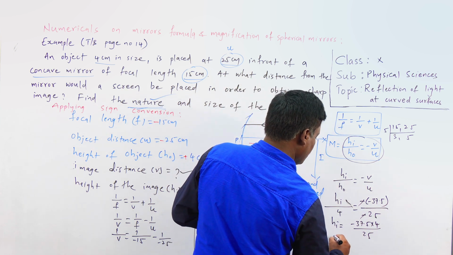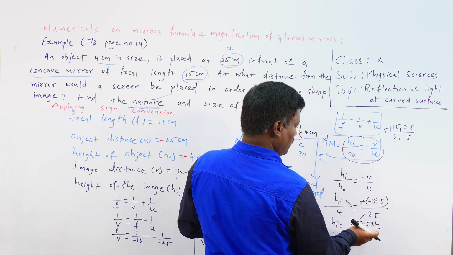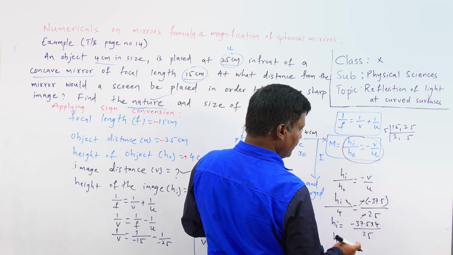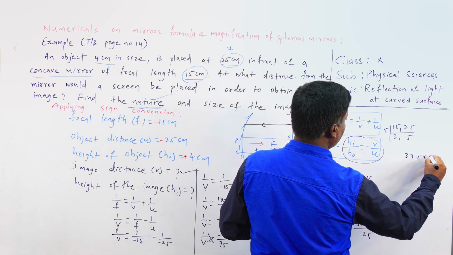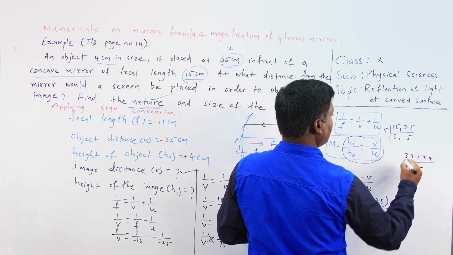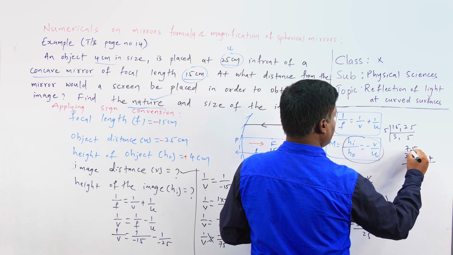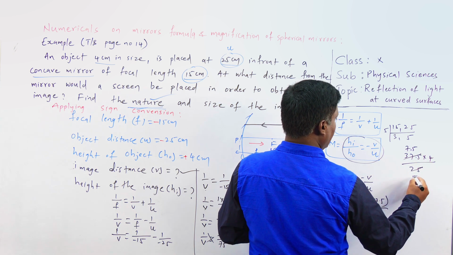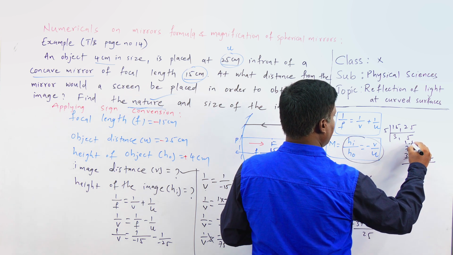So if you do the simplification of this with the 5 table: 37.5 into 4 by 25. 5 5s, 5 7s and 5 5s, 7.5. Again 5 1s, 5 5s, 1.5.